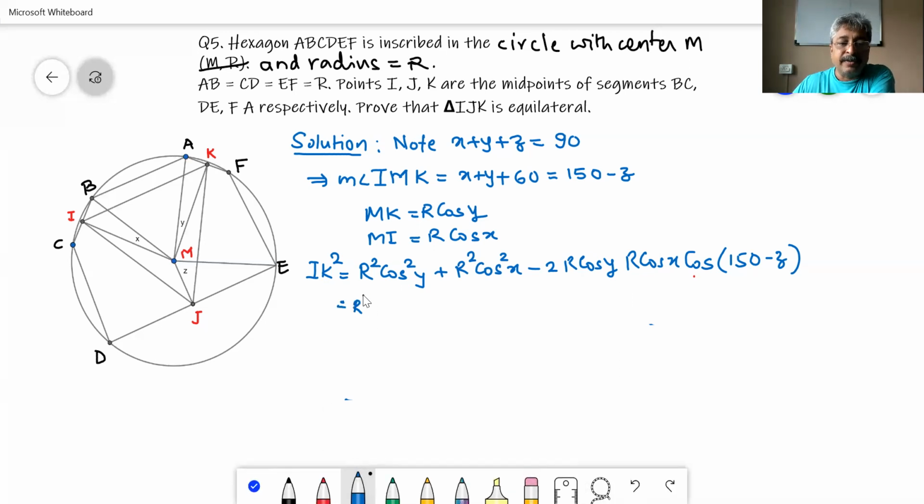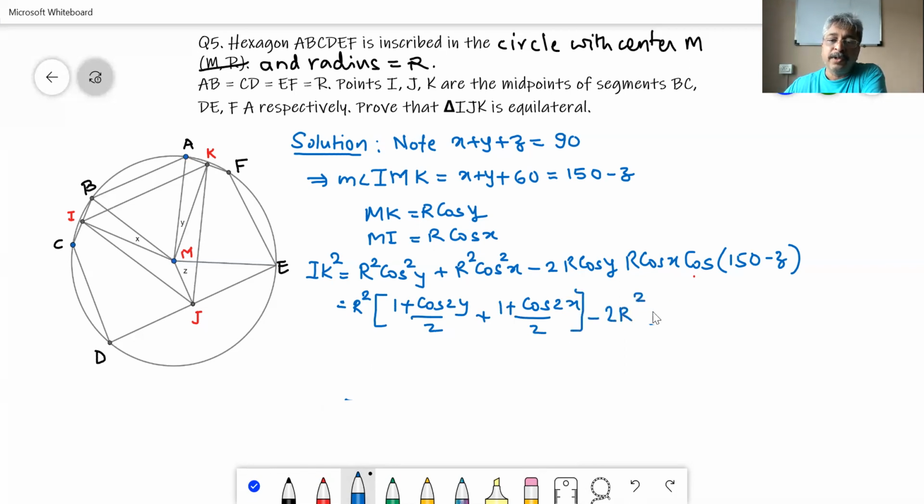IK square is equal to R square, and inside the bracket I would like to write (1 plus cos 2y) upon 2 plus (1 plus cos 2x) upon 2, minus 2R square cos x cos y, and here itself I would like to expand this, which is cos 150 cos z plus sin 150 sin z.